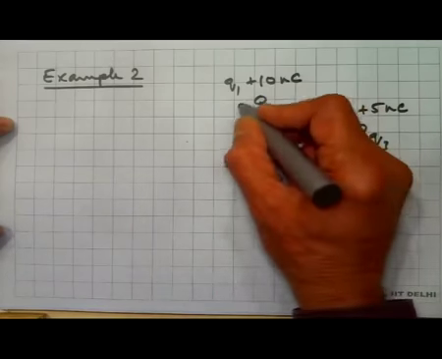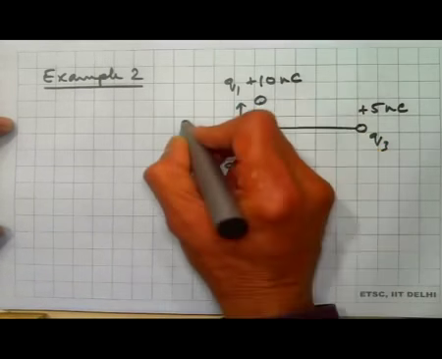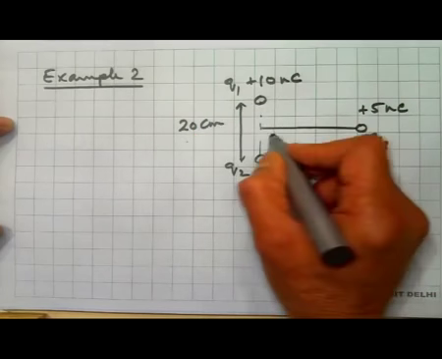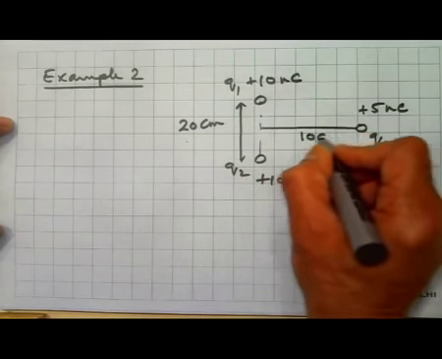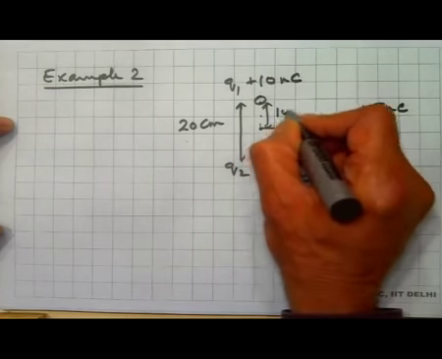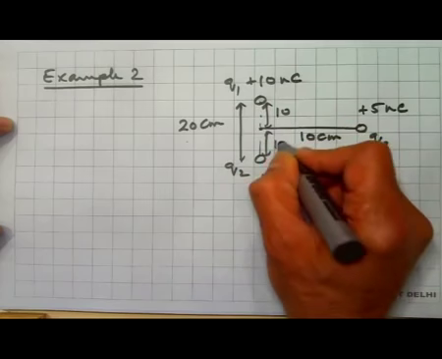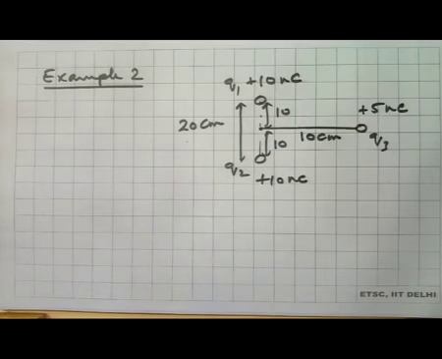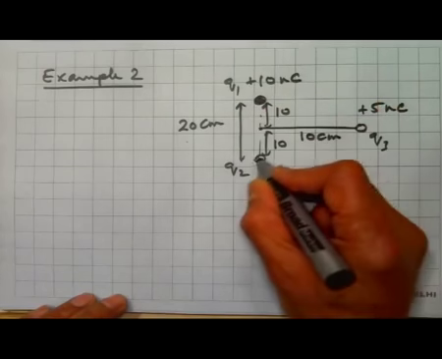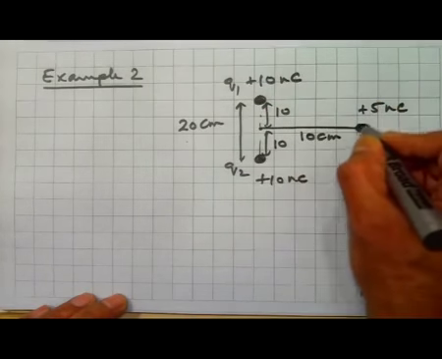And just to give you some numbers, let me take this as 20 centimeter, this is 10 centimeter, and this is divided equally. So, this is 10 and this is 10. So, three charges are kept. This is one charge here, there is another charge here and a third charge.